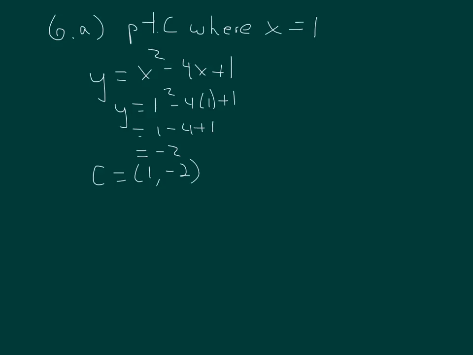So for point B, you would do the same thing, and you would substitute x equals 3 into the equation in the same way that I've done x equals 1. Now the secant for CD, this is a parabola, it's a quadratic equation. So if we draw a secant, that means that it's crossing the curve at 2 points.